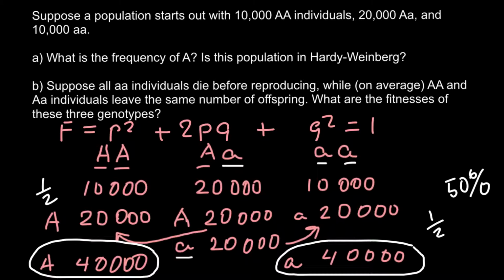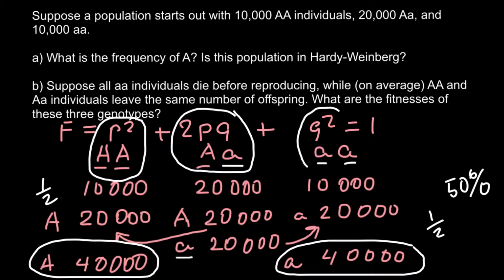The p squared stands for the homozygous dominant genotype, 2pq stands for the heterozygous genotype, and q squared stands for the homozygous recessive genotype. In other words, p plus q equals 1. In our formula, p stands for the dominant allele A and q stands for the recessive allele a.